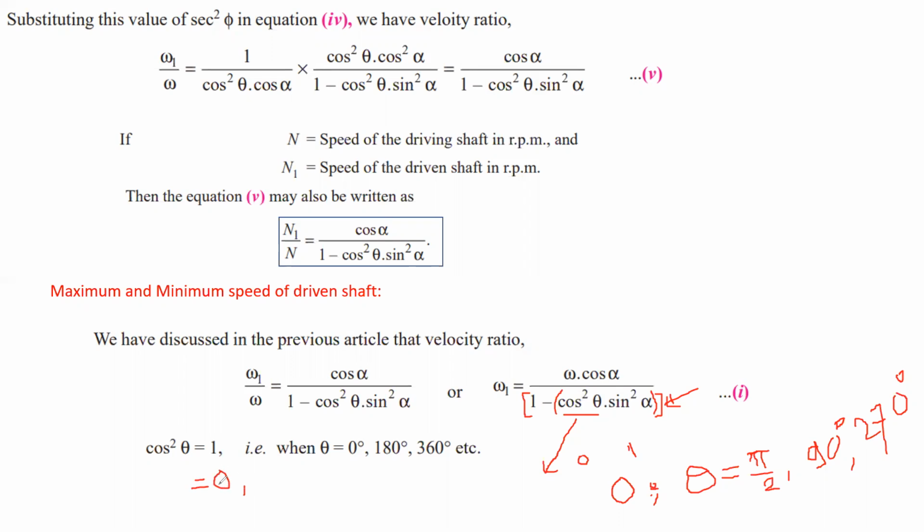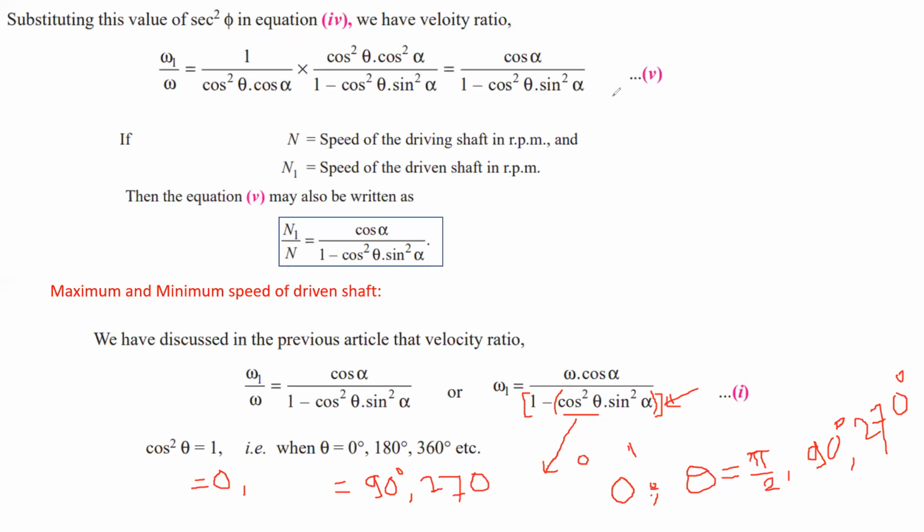And it happens that cos square theta becomes equal to 0 when theta is equal to 90 degree, or it is equal to 270 degree. So cos of 270 is also 0.